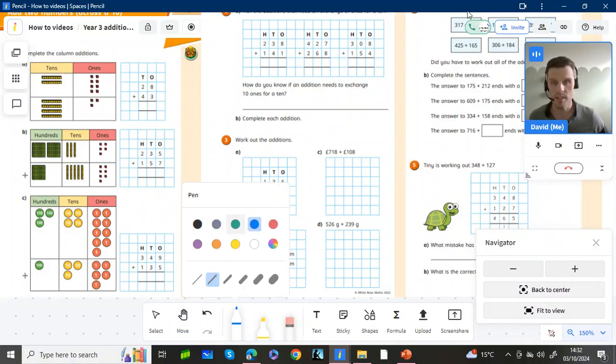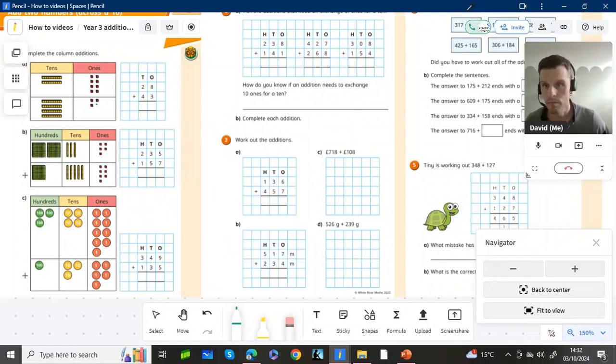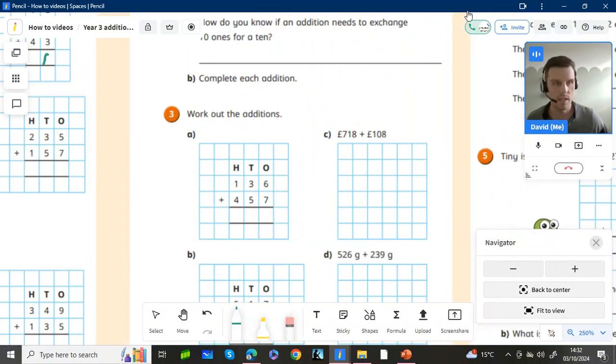So to show that, I'm going to exchange 10 of those ones, which I can show here. There we go. So those 10 I'm going to exchange for an extra 10, which goes underneath there. I've got 1 left over, so I'm going to write it here. I'm just going to zoom in just so you can see a bit better.